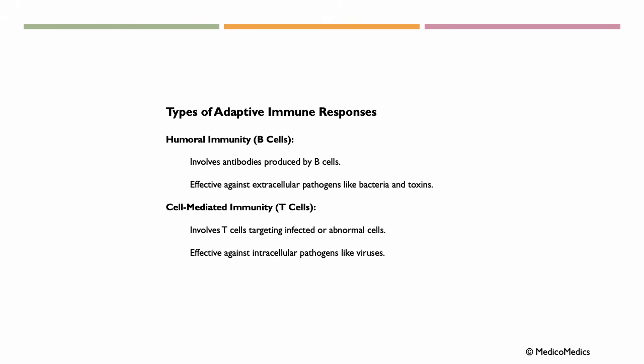Now, continuing, we have different types of adaptive immune responses. So we have the humoral immunity. This is where B cells are concerned. It involves antibodies produced by the B cell. It is specifically effective against extracellular pathogens like bacteria and toxins. Then we have the cell-mediated immunity connecting with T cells.